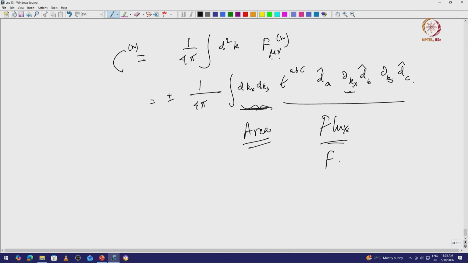So, now if I go to 3D, what do I get? So, 1D should generalize to 3D, the area should become volume, and what will become here? It should become volume element, and earlier we had connection, now we will have connection times curvature.